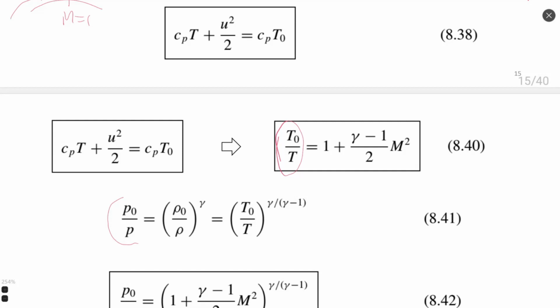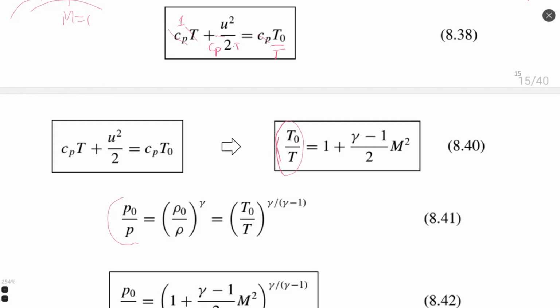So when I divide by Cp, I will not receive Cp here and here. I will just have Cp right here in denominator. And then I will divide by temperature left and right side. So I will have here just one, and I will have temperature here, and I will have temperature here.